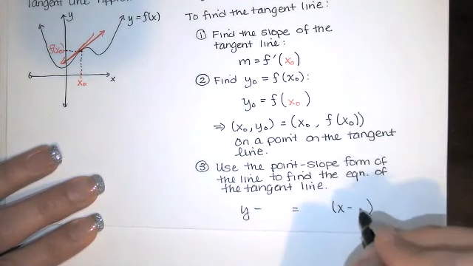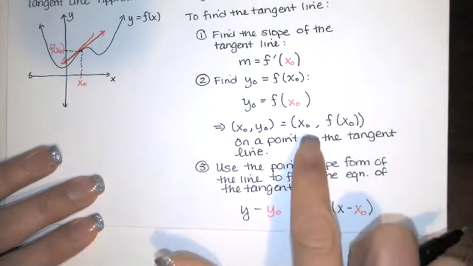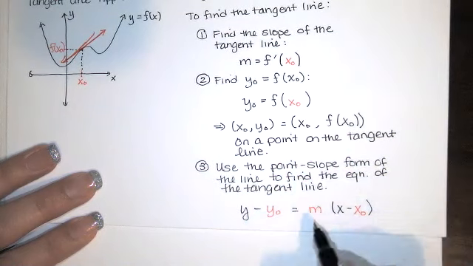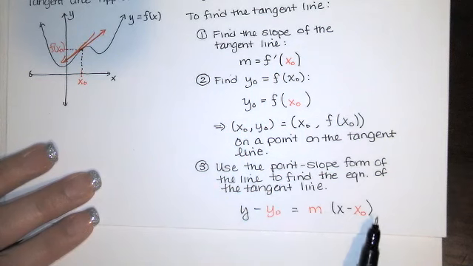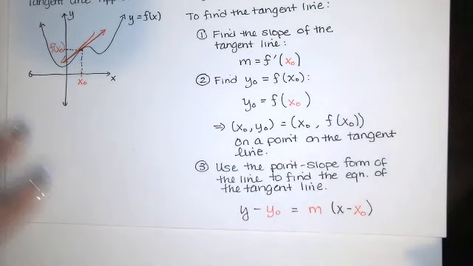You're going to substitute in an x naught and y naught, and that's going to be given by x naught and f of x naught. And you're going to substitute in a slope, and that slope is the derivative evaluated at x naught. So this is the equation of your tangent line, and then usually we would solve for y by adding y naught to both sides.